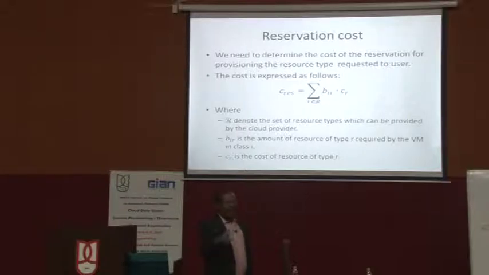So class I, of course, each of them costs differently. So that is what BIR stands for. CR, this is the cost of resources of type R. Now, if you have 3 resources, then you will get the total cost for reserving these resources.